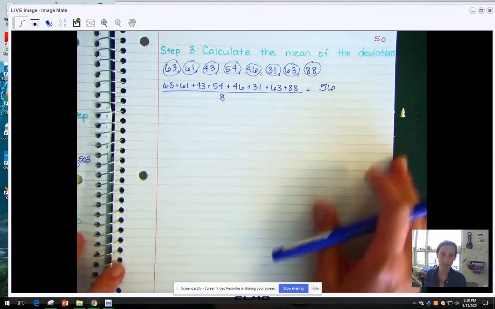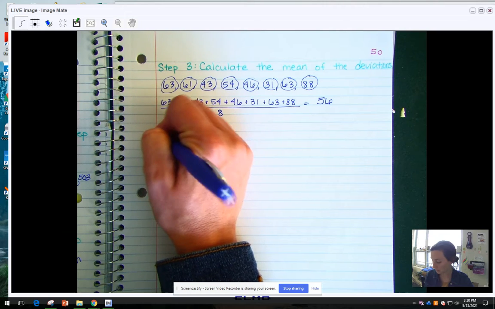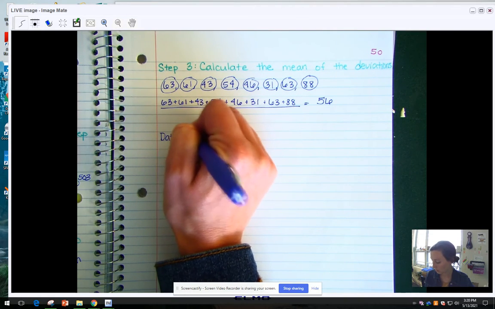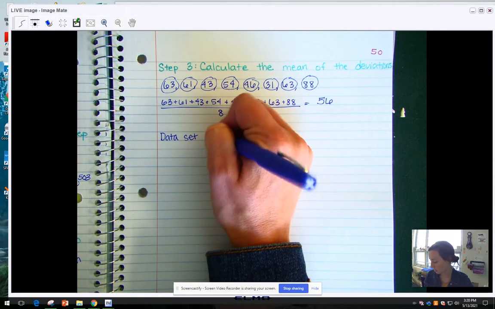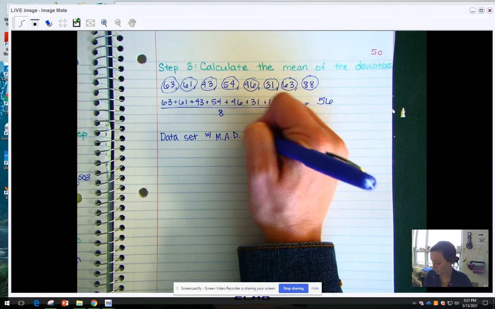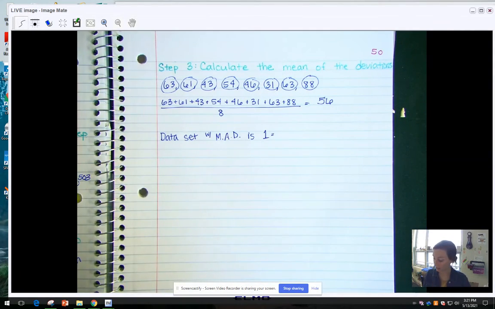So here's what this data means. If we had a data set where the mean absolute deviation was 1, that tells us that that data is very close together. It's very similar.